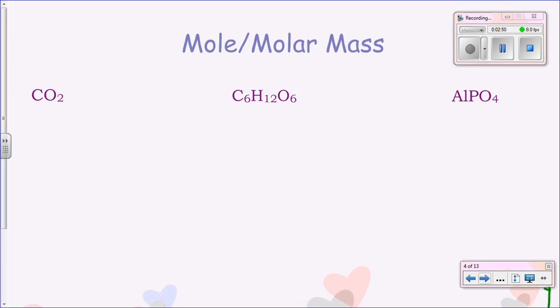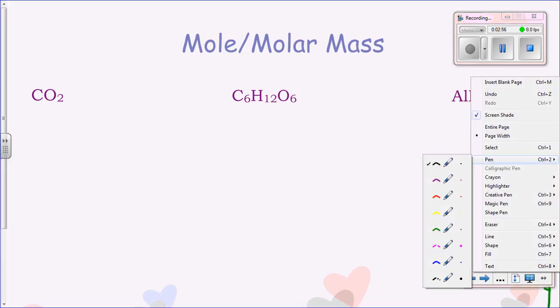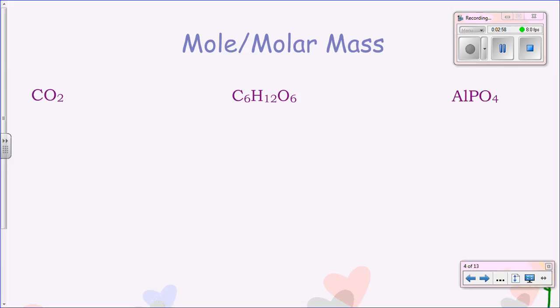Okay, so this is going to look very similar to how we drew Lewis structures with the beginning technique. The first thing you're going to do is list the individual atoms that you have in your compound. So we have carbon and we have oxygen listed in the formula, and I will give you the formula. Then the next thing you're going to do is write down, well, how many carbon do we have? We have 1. How many oxygen do we have? We have 2.